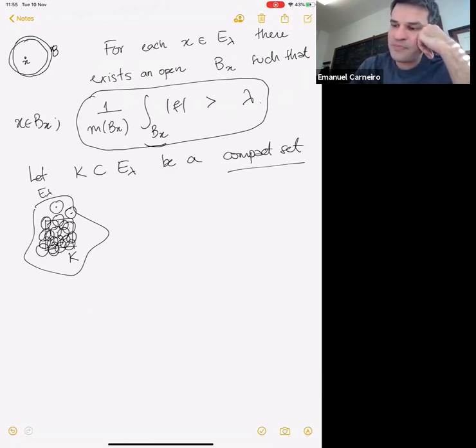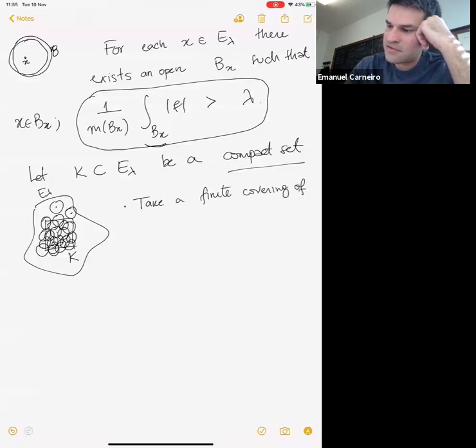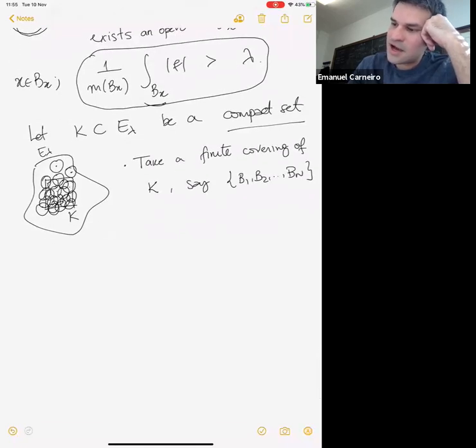So what do you do if you have a covering of a compact set with open balls? Well, it's the only thing that you can do. You take a finite covering of K. Say, cover this K by balls B1, B2, up to Bn. Now we are going to use the previous lemma. You have a finite collection of balls, B1, B2, Bn.